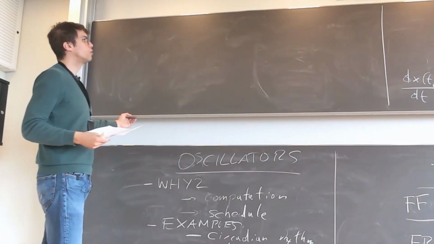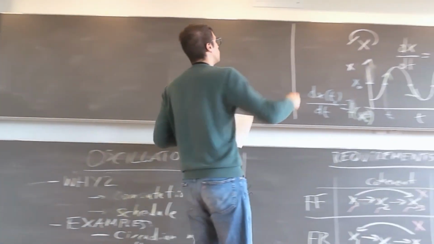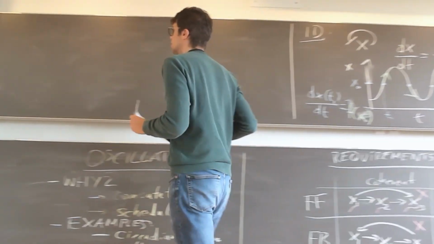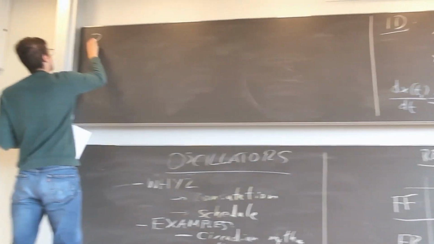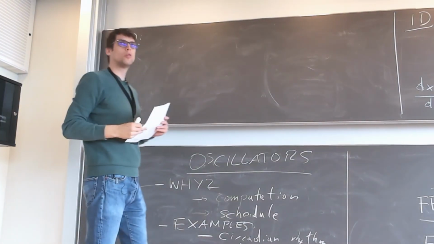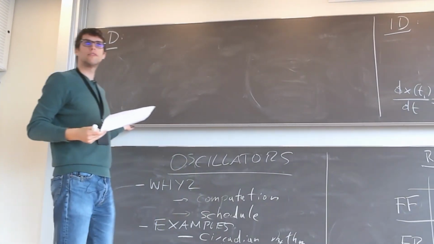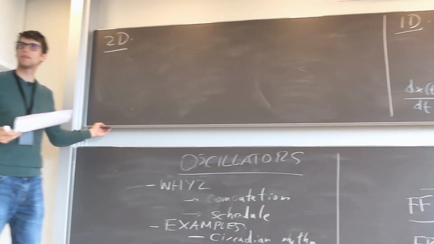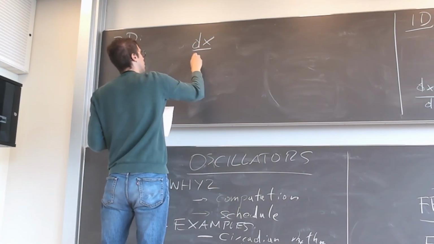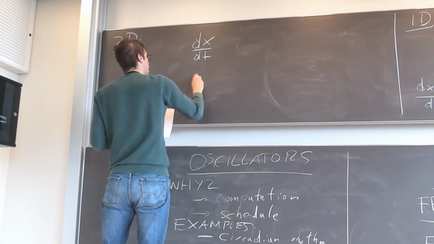OK, so what about 2D systems? So this was 1D, no oscillations ever. What about 2D? Do you know two-dimensional differential equations that do oscillate? Let's write dx/dt, dy/dt.